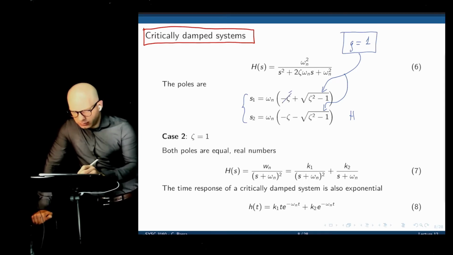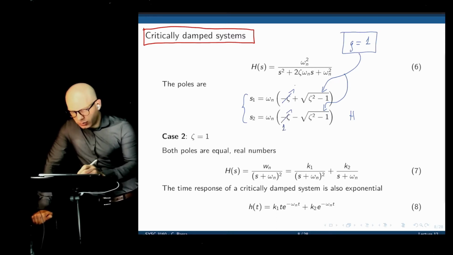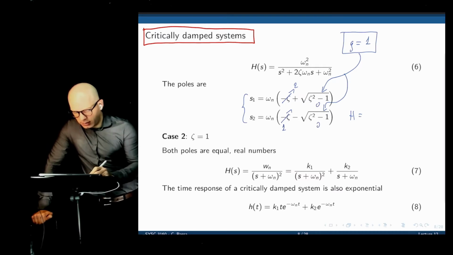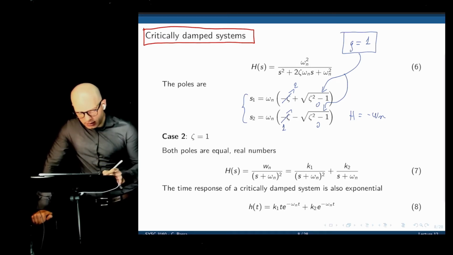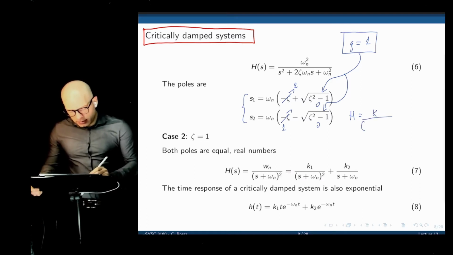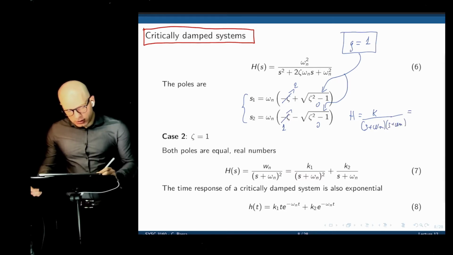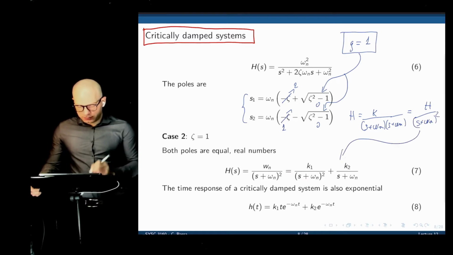When zeta is 1, we are left with, so this is 1, this is 1, this is 0 and 0, we are left with negative omega n for both of them. So the transfer function can be written as a constant divided by s plus omega n, which is s plus omega n squared. And this is what we get.